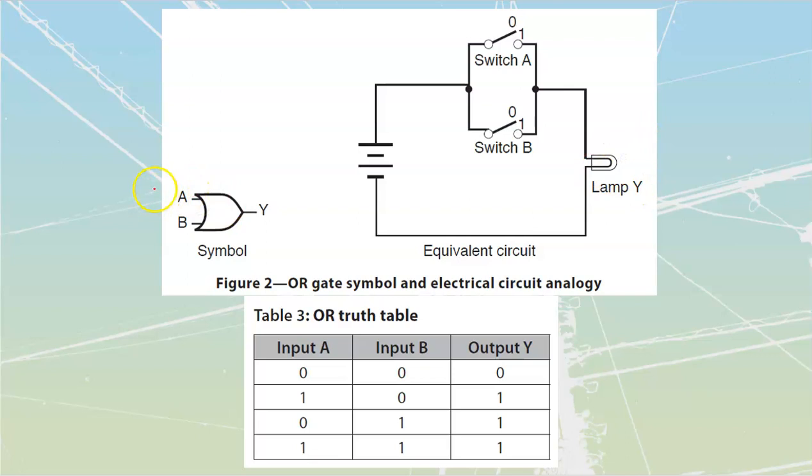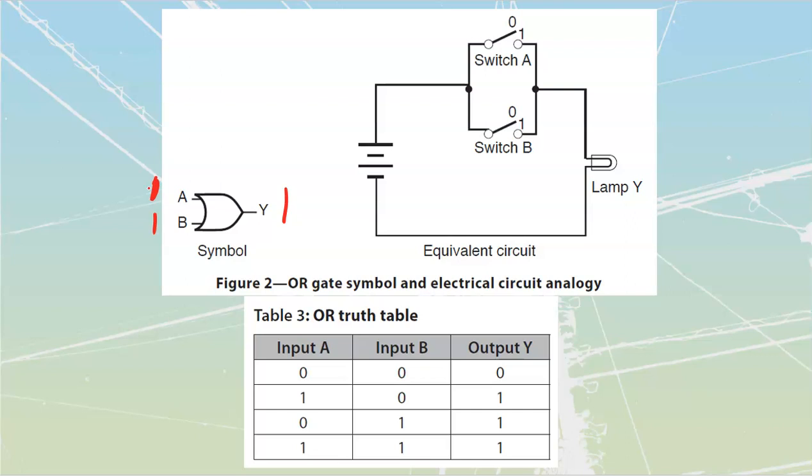How that looks over here, if I've got a 0 or a 0, I'm going to get a 0 output. We see that on this line over here. Nothing is high, therefore we can't have any high. As long as any one of them is high, A is high, we'll get a high output. Or if B was high, we would get a high output. Or if both of them were high, we would once again get a high output out of here.